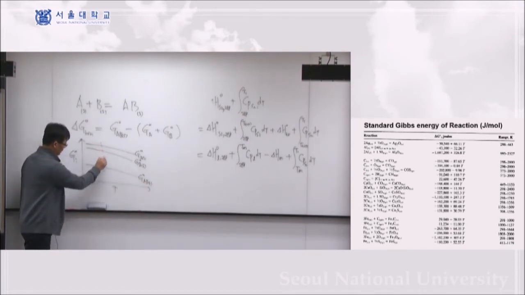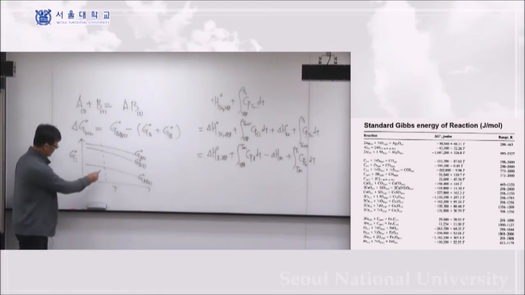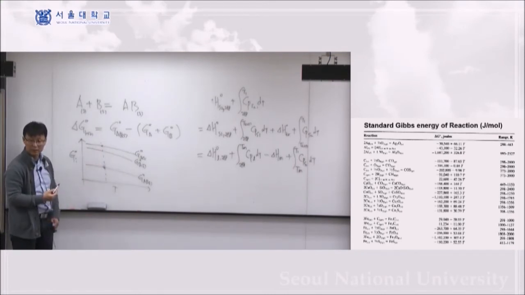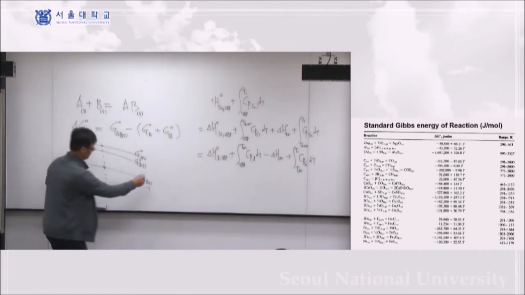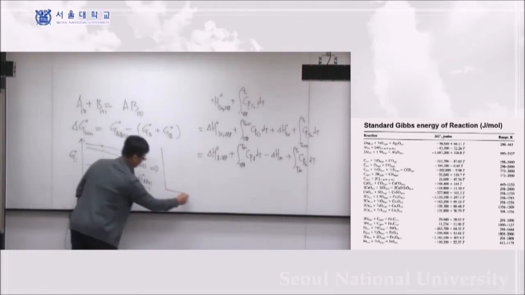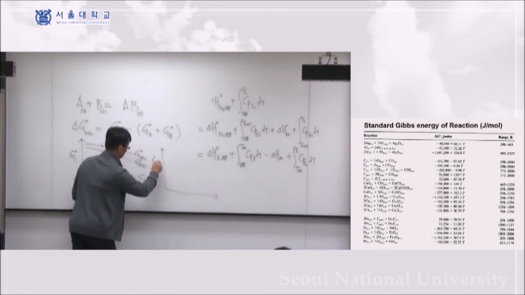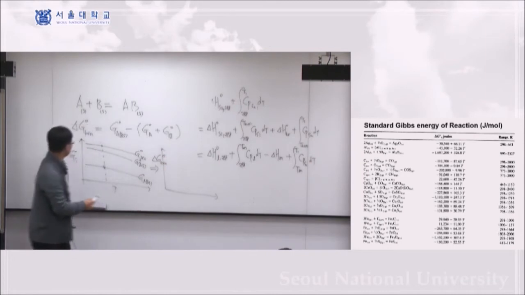At a given temperature, this Gibbs energy minus this one is the delta G of formation, delta G of reaction. If you make those things, then you can have delta G of reaction like this.